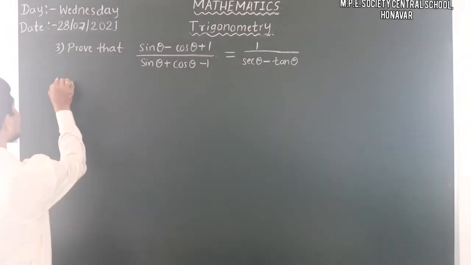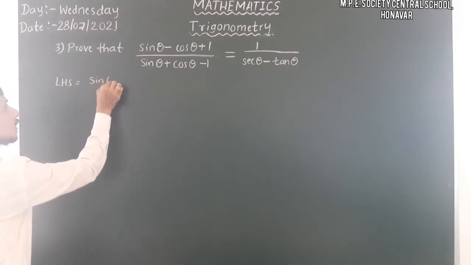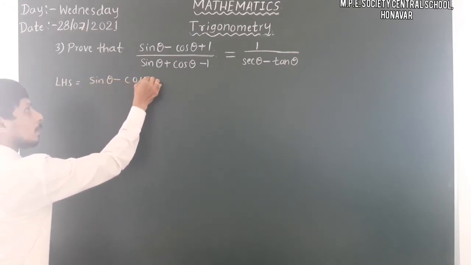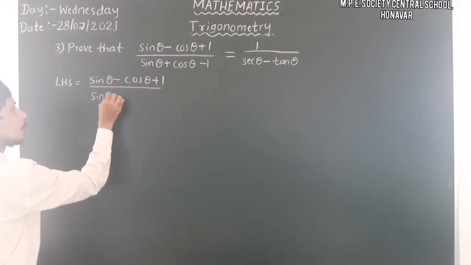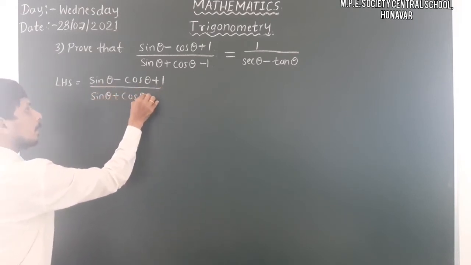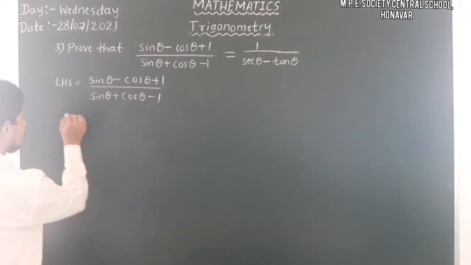So let us take the LHS side first. LHS is equal to sin theta minus cos theta plus 1 divided by sin theta plus cos theta minus 1. Divide the numerator and the denominator by cos theta.